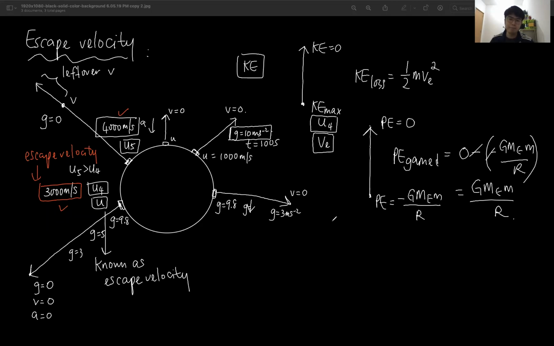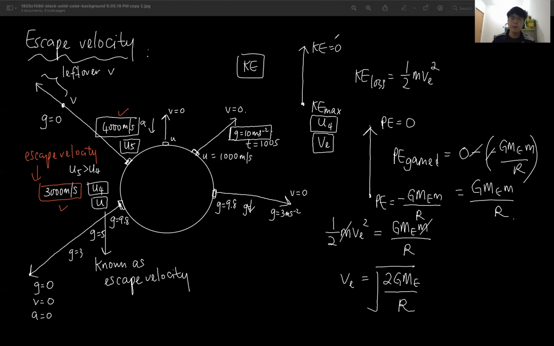I equate them: half m VE squared equals G M_E m over R. KE loss equals PE gain. Cross multiply and rearrange, and we have VE equals the square root of 2 G M_E over R. This is my equation to calculate escape velocity.